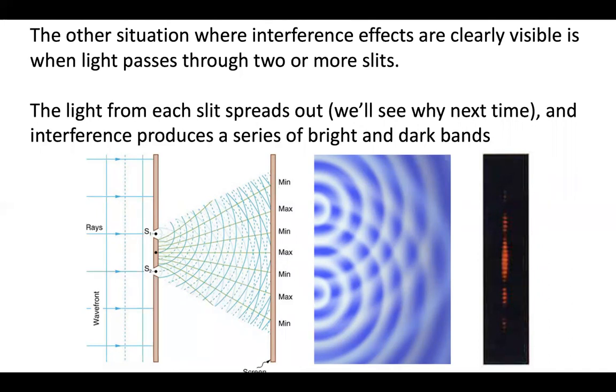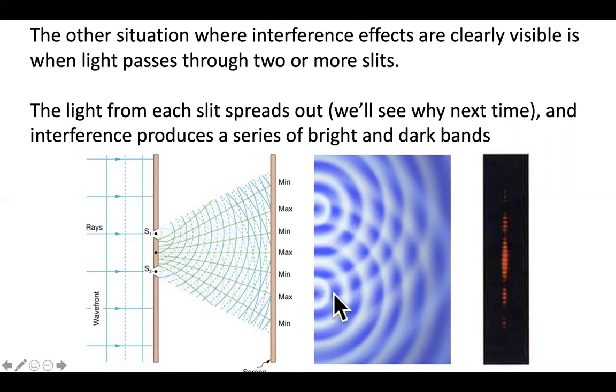Now, we'll talk about this next time, but the light coming through each of those slits starts to spread out. So effectively, you have two sources of light where the electromagnetic waves are in phase with each other right at these two locations. And then the light spreads out and approaches the surface.